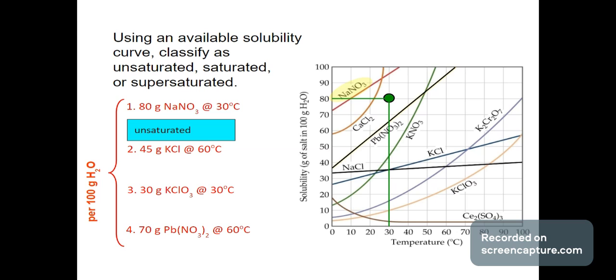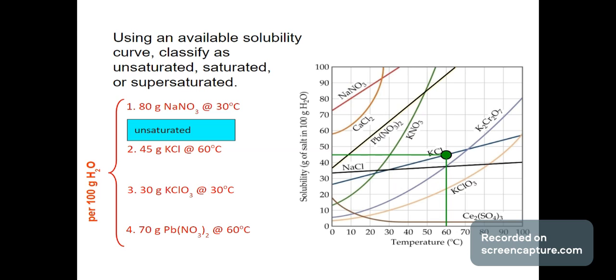So for the second one, which is 45 grams of KCl, which is potassium chloride, at 60 degrees, let's go ahead and look at where that's lining up. All right, it's right here, and that is 60 degrees, lining up at what looks like 45 grams.